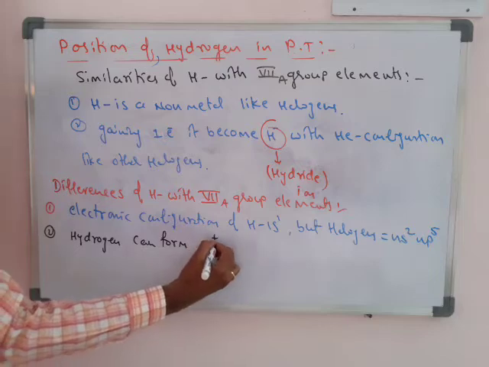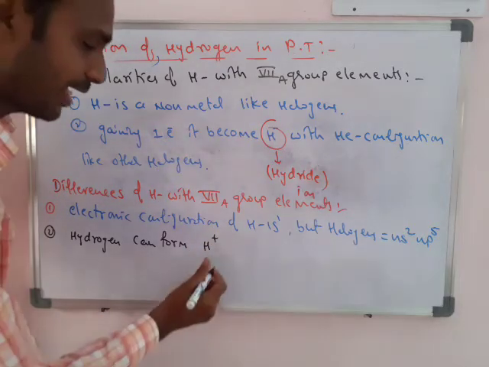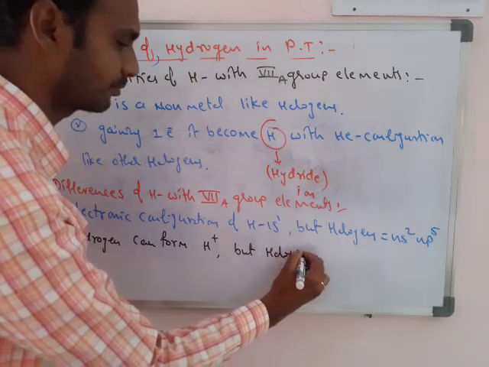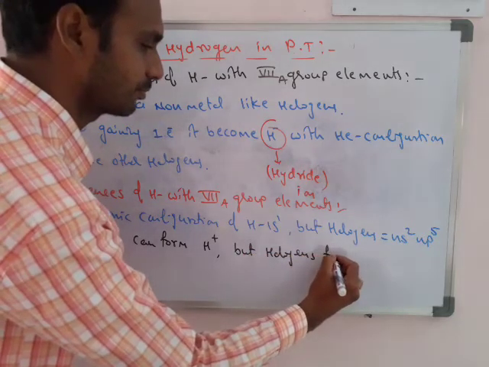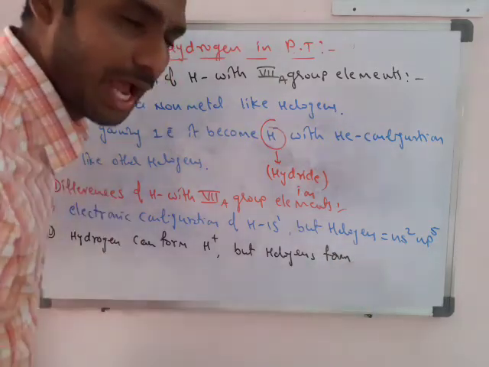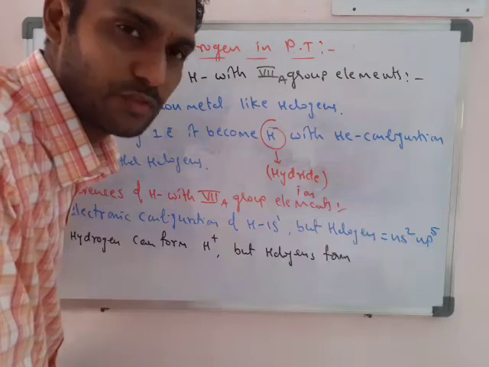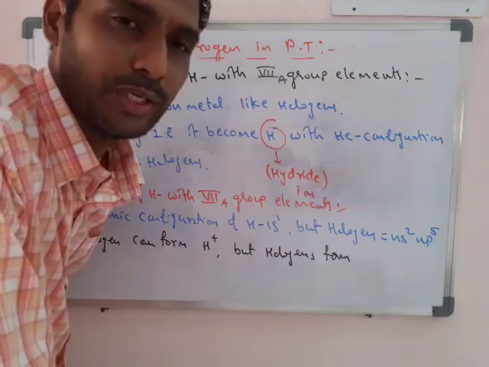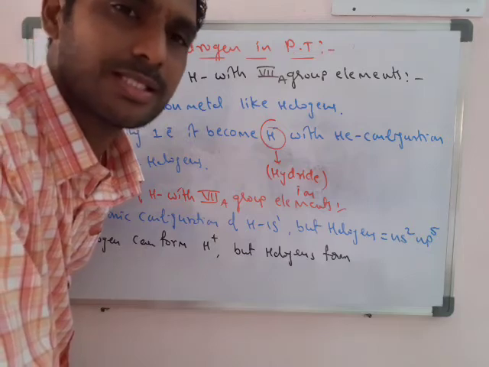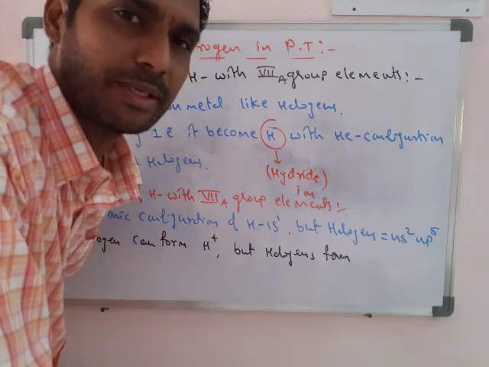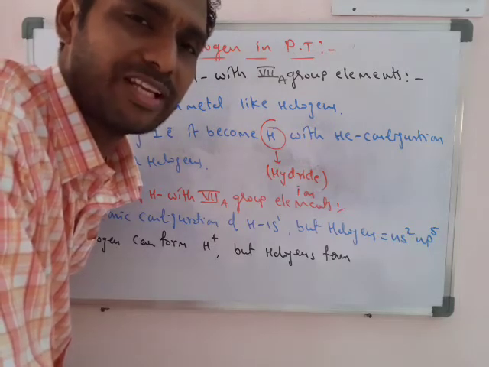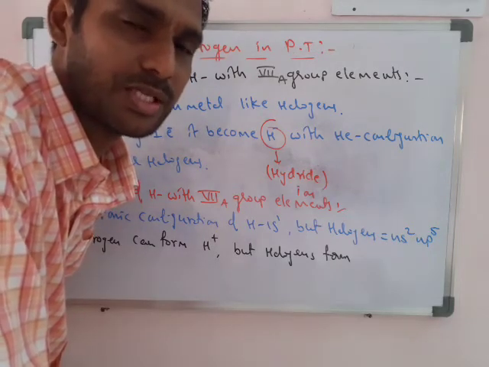Hydrogen can form H+, but halogens, an important point here, also form +1, but fluorine does not, and for fluorine it is not at all possible. It is the strongest electronegative element, so there is no chance of +1 at all. But chlorine, bromine, iodine lose the electron in very rare cases.